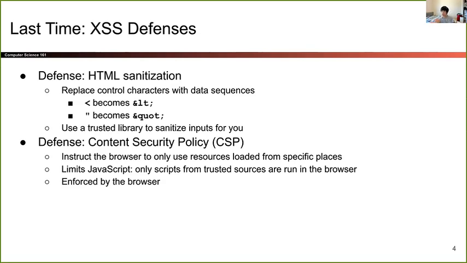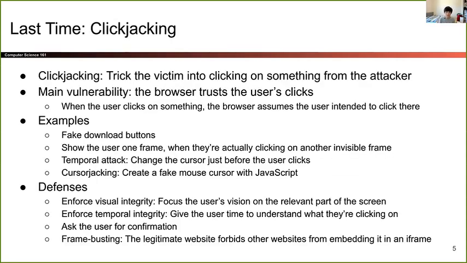It should not be treated as control whatsoever. And there's also a sort of defense in depth measure called the content security policy. This is additional instructions to the browser to only use certain resources and only use them in certain ways. This is enforced by the browser, and not all browsers implement it. So it's definitely not bulletproof, but it's good as a defense in depth measure.